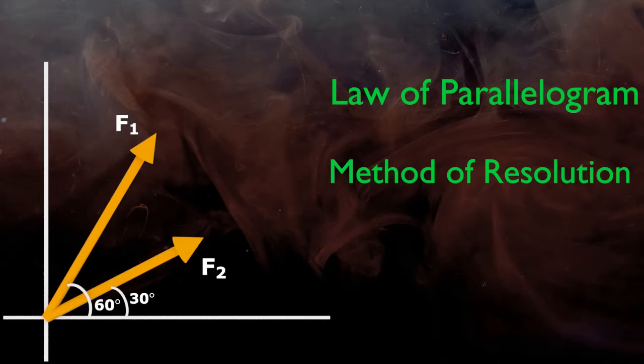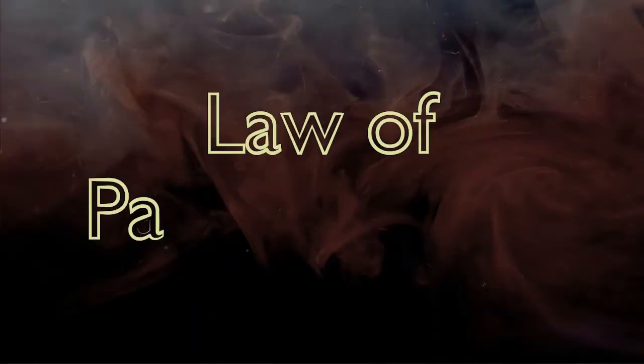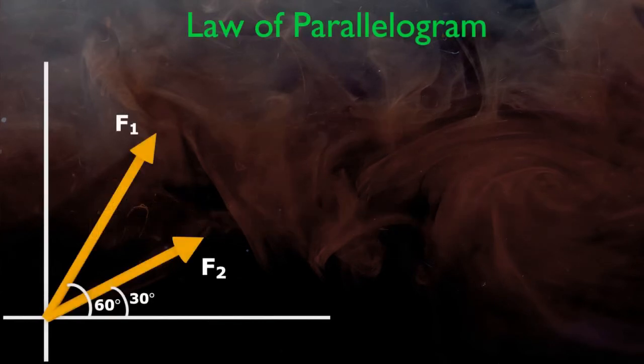Method of resolution can be used for any kind of problem on resultant of forces. But law of parallelogram is applicable only if there are two forces acting on the body. In the given problem, only two forces are acting, so we will solve the numerical using both methods and compare results. Let's start with law of parallelogram.